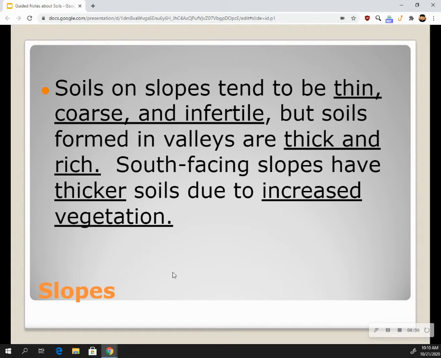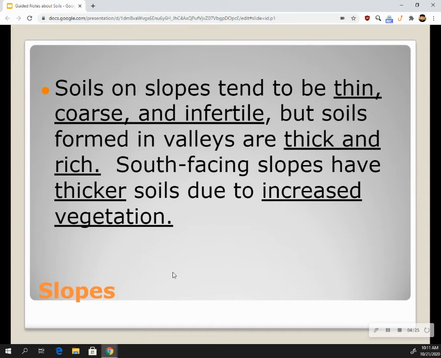Soils on slopes tend to be thin, coarse, and infertile because of the slopes. I mean, think about it. If you see a slope, seeds will roll just like rocks roll, just like balls roll, just like humans roll if they fall down. So it's much less likely to have a plant on a slope than you would have a plant in a valley.